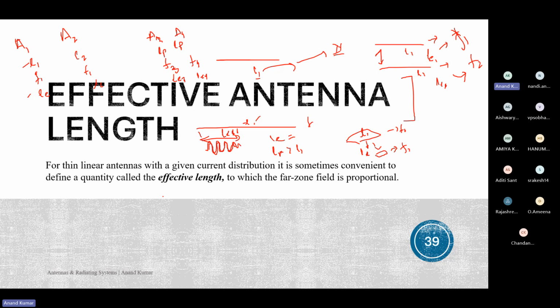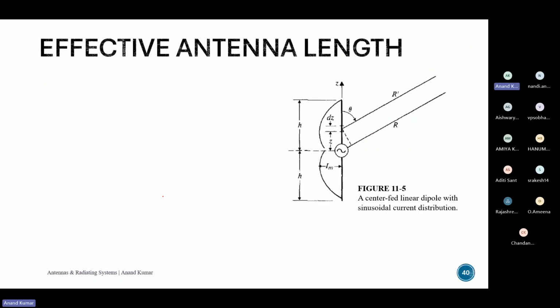We have to know that the frequency of operation, or the radiation frequency, or where the antenna would work, is dependent upon the effective length of the antenna, not the physical length. But usually there is a correlation between the physical length and the effective length. So we'll discuss it over a dipole itself.